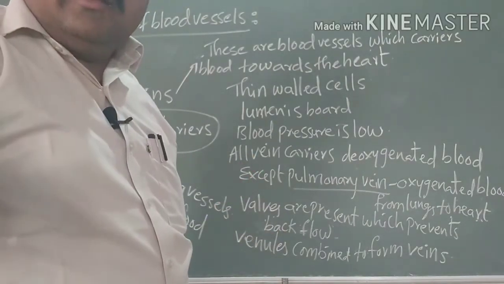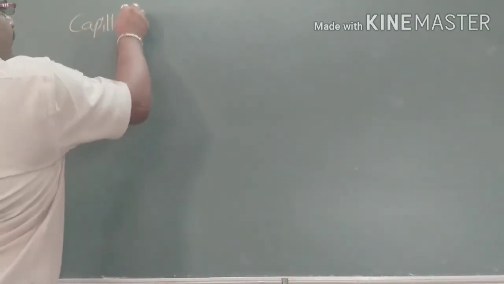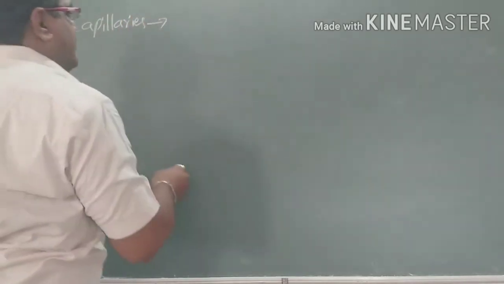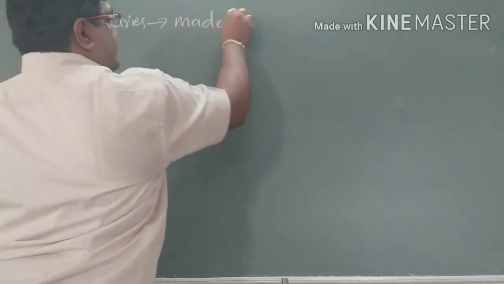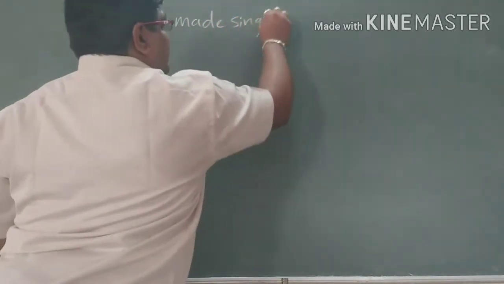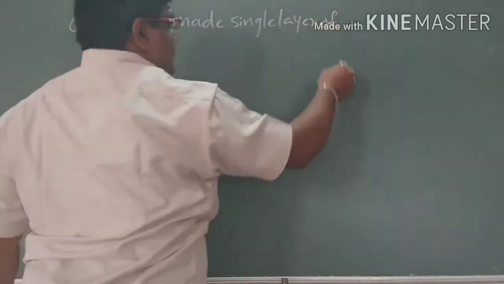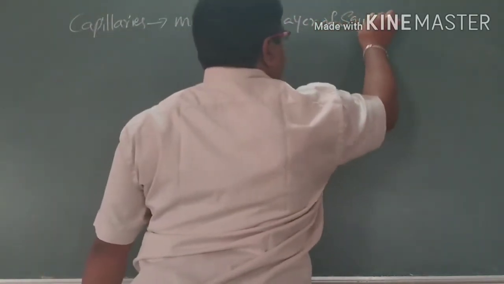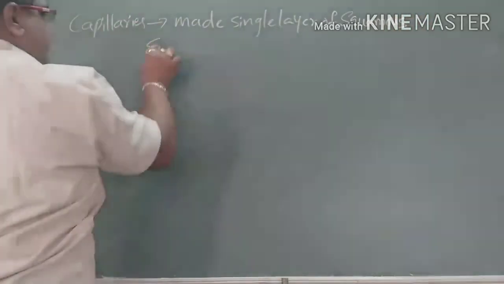Now we will discuss capillaries in detail. The capillaries are made up of a single layer of squamous epithelial cells.